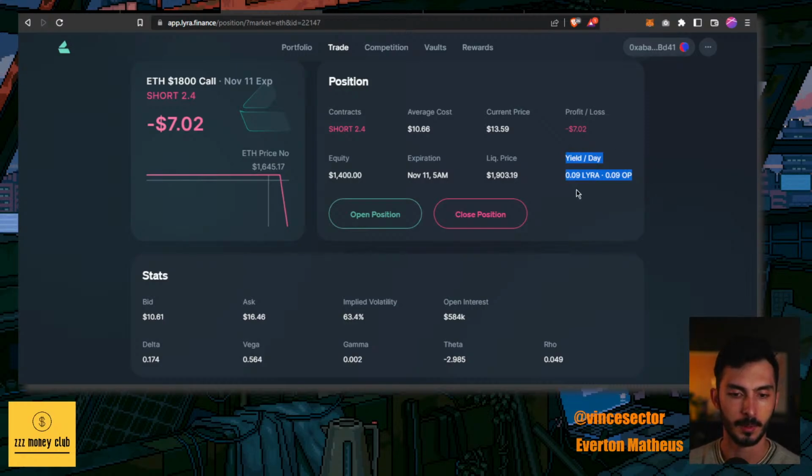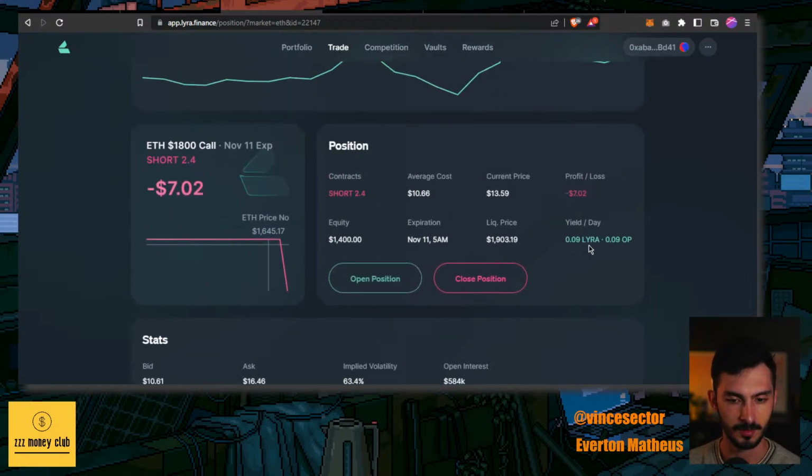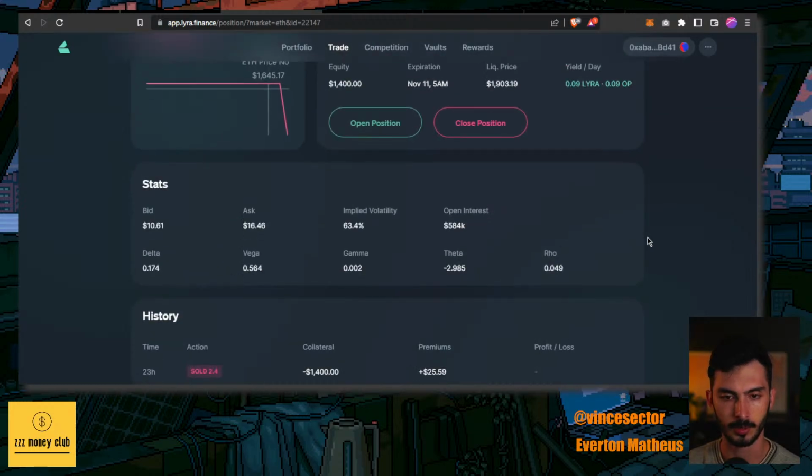So you actually get a little bit more yield, but I don't count that just because it is very, very little. You can see it is 0.09 Lira and 0.09 OP token, which is not even $1, I think. The OP token may be around $1 right now, but the Lira token, I think, is like 20 cents or something like that.